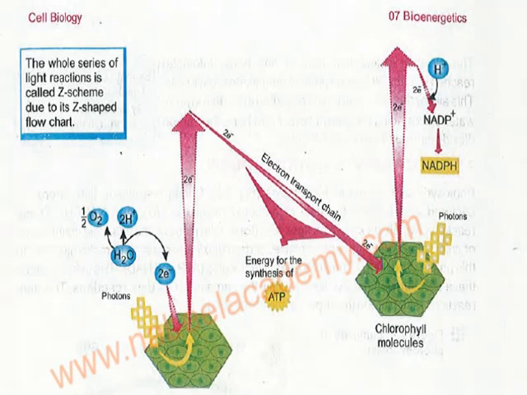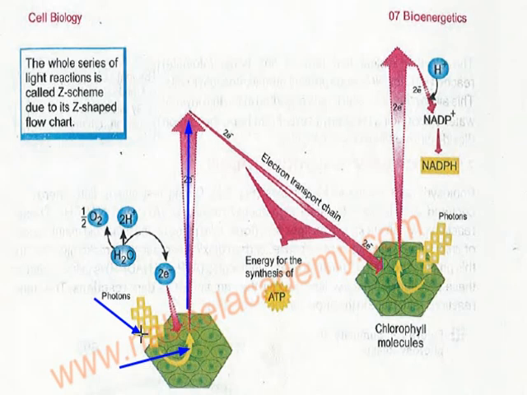So what happens is that the electrons get excited, as you can see, and these electrons are present in the chlorophyll of the leaves. Because of the presence of sunlight they get excited. These photons are present here, and these photons are responsible for the excitement of the electrons.